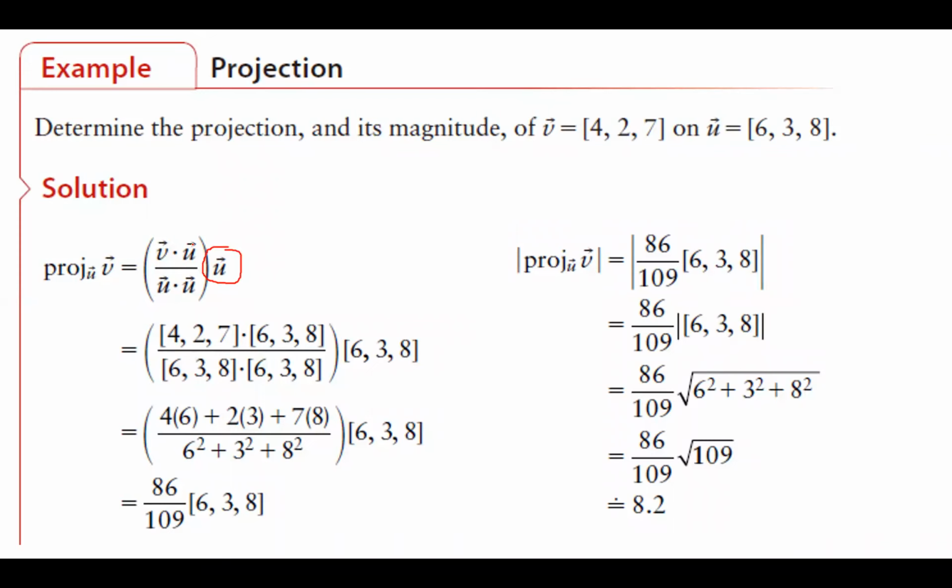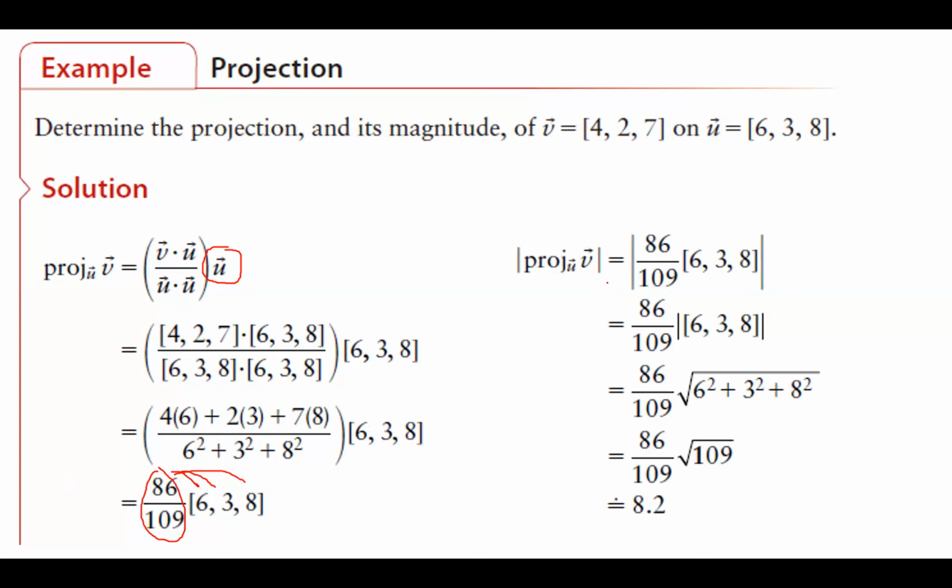Do not forget there is a U behind. So 86 over 109 times the vector 6, 3, 8. Of course, you can also put this number in the three components, or you can just leave it there because we want to find its magnitude anyway.